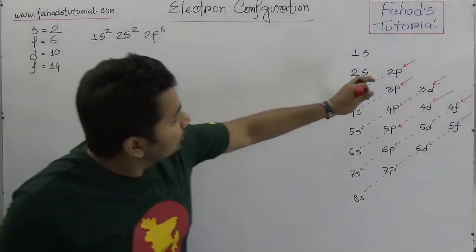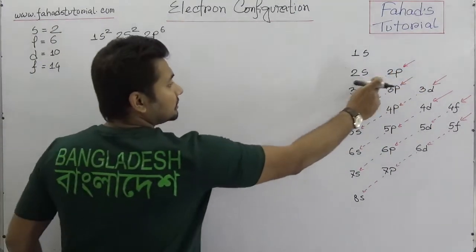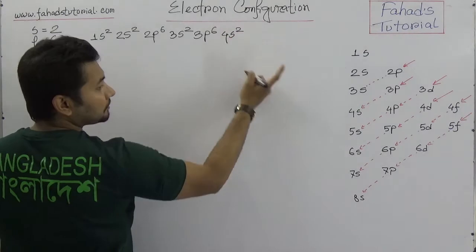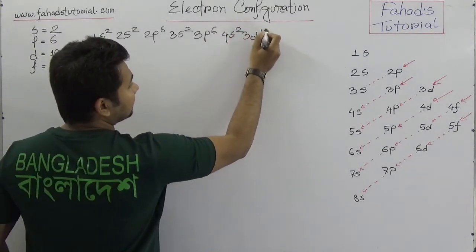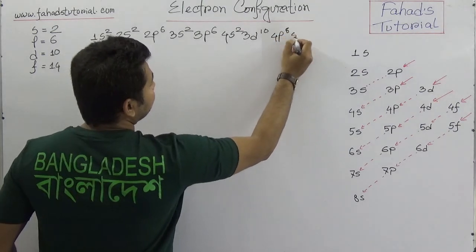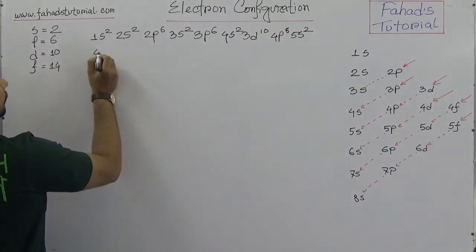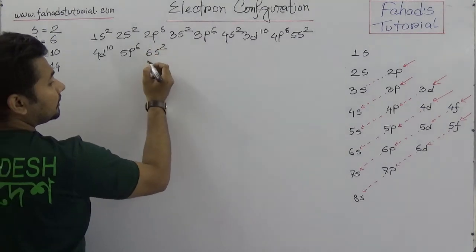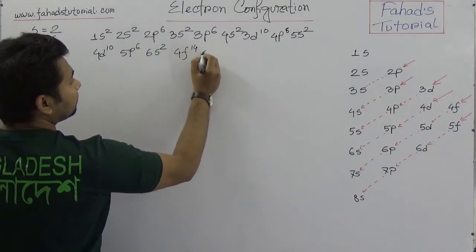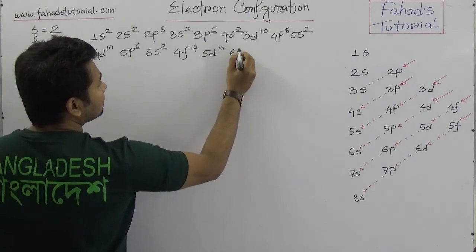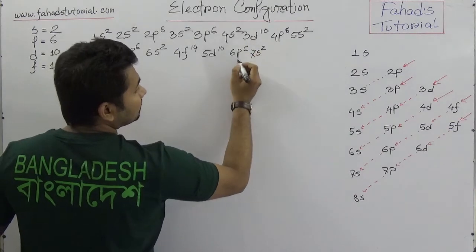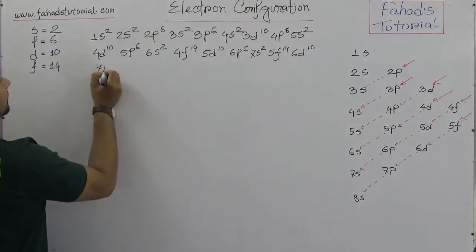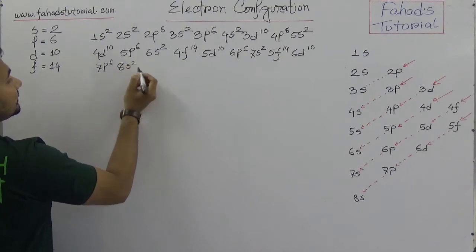Maintaining these, we go 2s, 2p, then 3s2, 3p6, 4s2, and then 3d10, 4p6, 5s2, 4d10, 5p6, 6s2, 4f14, 5d10, 6p6, 7s2, 5f14, 6d10, 7p6, and last of all 8s2.